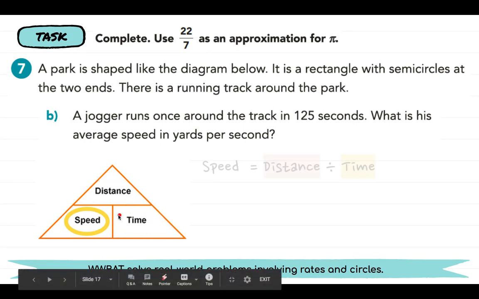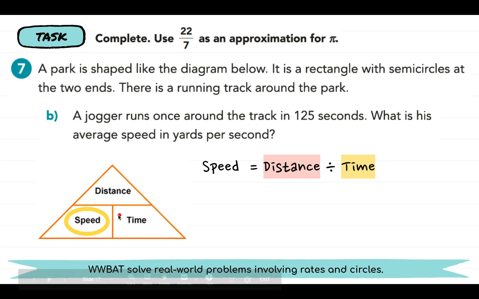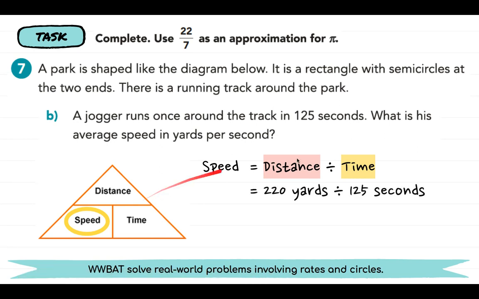The distance around the park, we know that it is 220 yards, and the time it takes for him to run around this park is 125 seconds. So you can plug into your phone, your calculator, 220 divided by 125 would give you the average speed in yards per second.